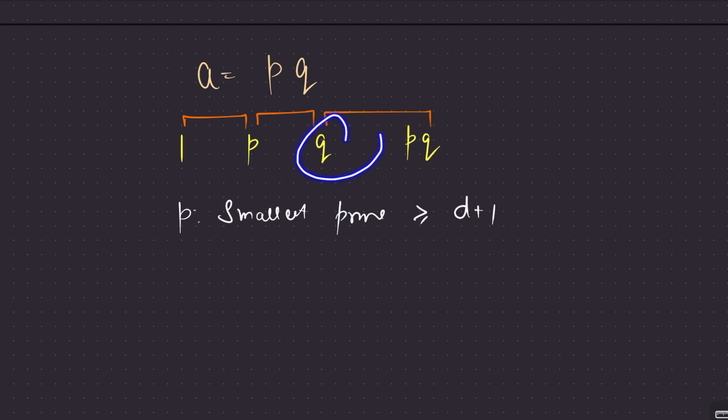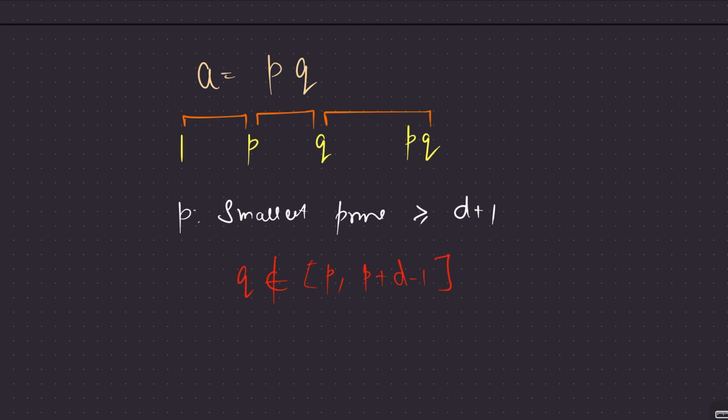What will be q? Now q cannot lie between 1 and p, of course, because q is assumed to be greater than p here. And q can definitely not be p. Q can definitely not lie in p to p plus d minus 1, because if q lies anywhere in this range, the difference between them is not at least d.